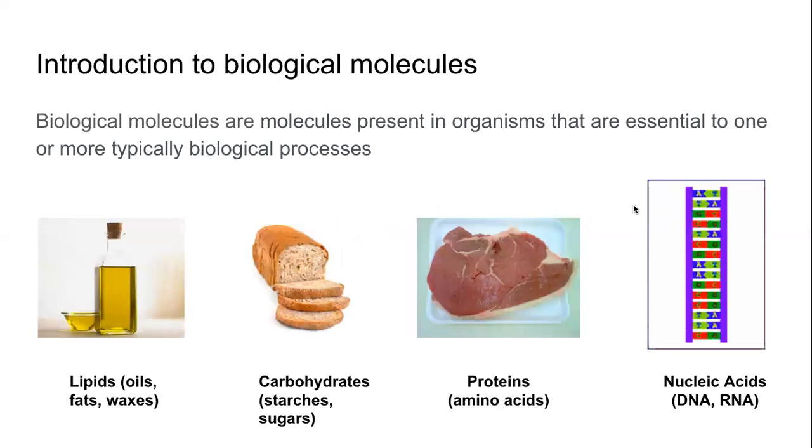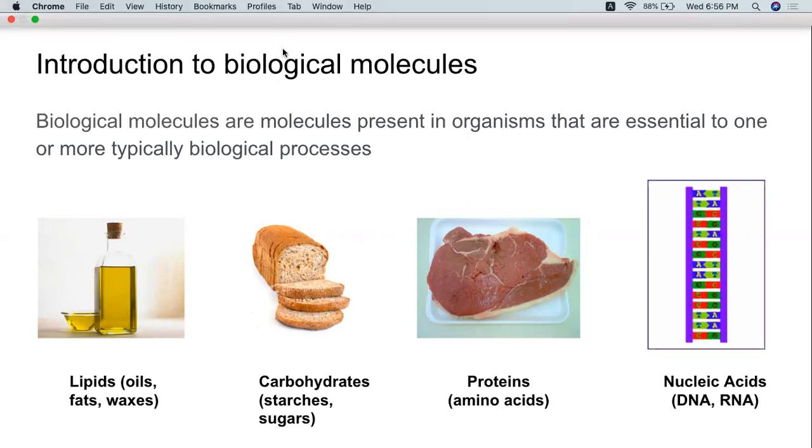So we're going to begin talking for the next few lectures about biomolecules, and then we'll end with metabolism. And to give an introduction to biomolecules, biomolecules are molecules that are present in organisms that are essential to one or more typical biological processes.